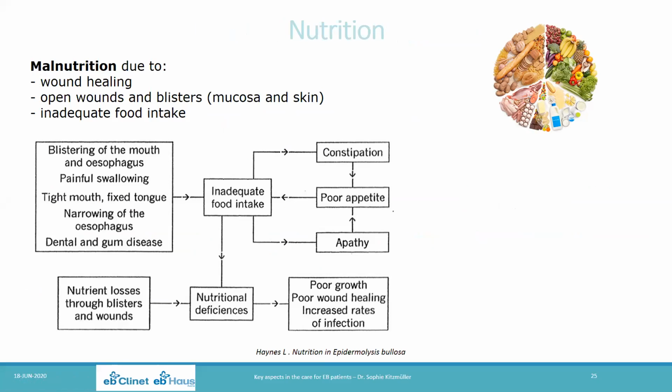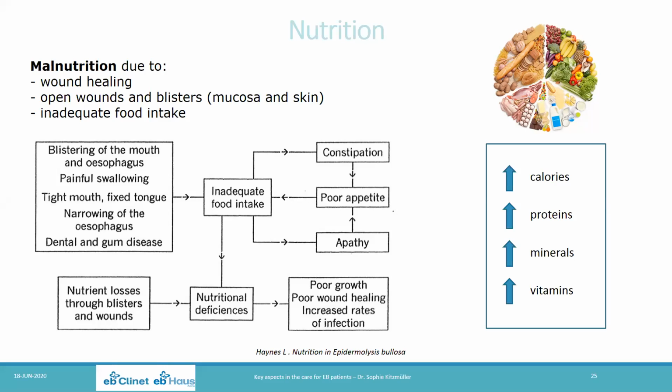So you have a protein loss in those open wounds. And one big problem in EB patients is also inadequate food intake, especially in severe forms, not in mild forms. Mild forms usually don't have an issue with nutrition and inadequate food intake, but severe forms have.